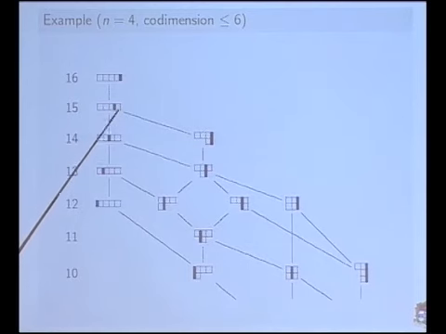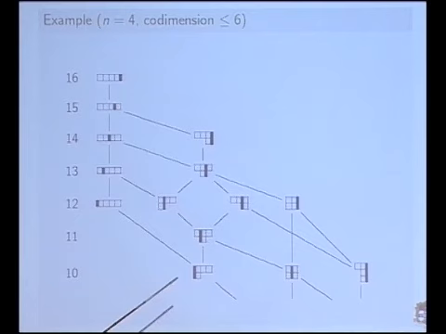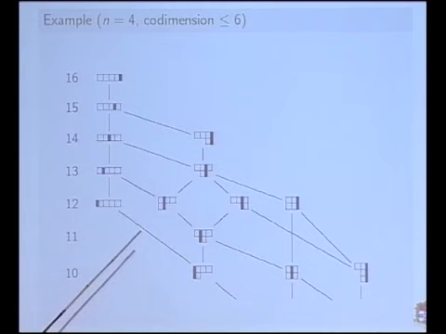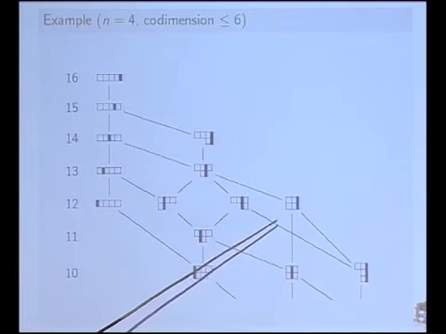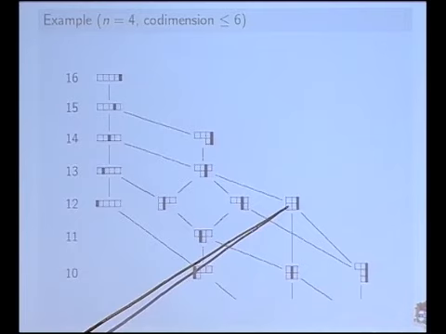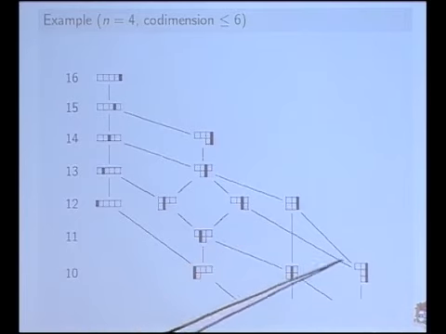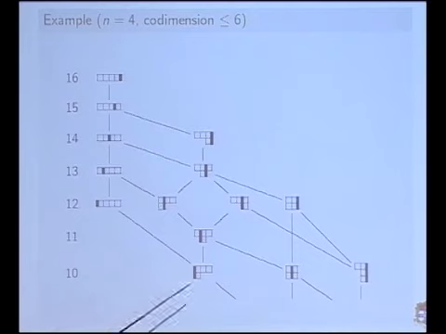Then there are other types of covering relations which do. You could, for instance, as you see here in this covering relation, a box has moved from the right-hand side down to the left-hand side. So that happens. And then boxes also stay on the same side of the wall, occasionally moving down.